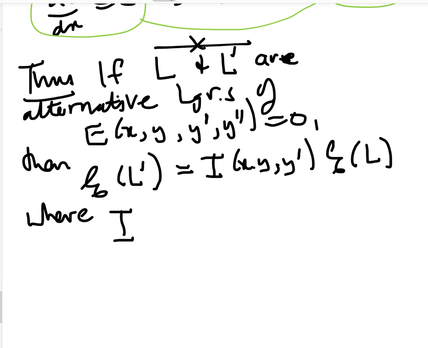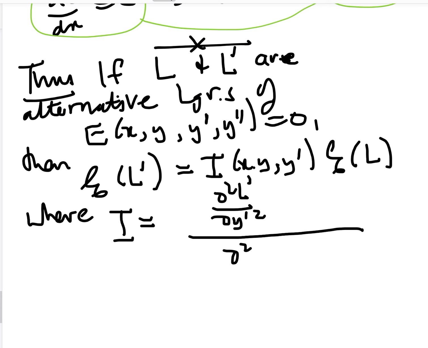This function I is equal to the second derivative of L1, or L dash, with respect to y dash, divided by the second derivative of L with respect to y dash. So it's a ratio of these two second derivatives.